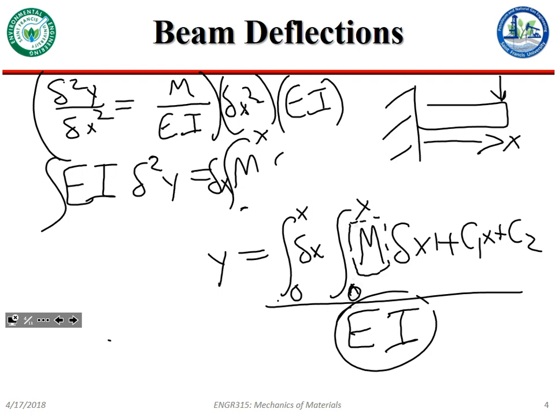So we can say the function for the bending moment is like load times x, is what you're saying? For a cantilever beam, yes. Well, for a cantilever beam like this, you'll have some reaction moment here plus some shear force, right?